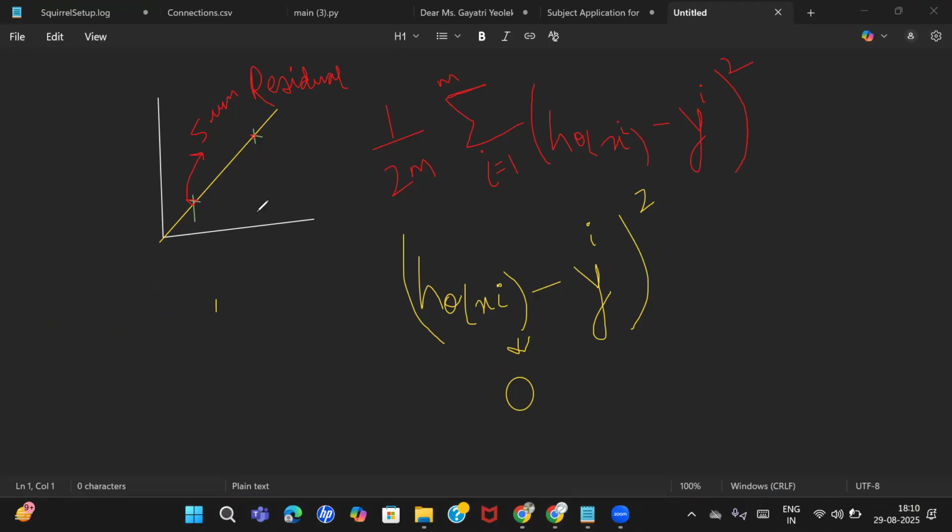So we are getting here 0, and similarly for every point you will get 0. So you would think that our model is 100% accurate.